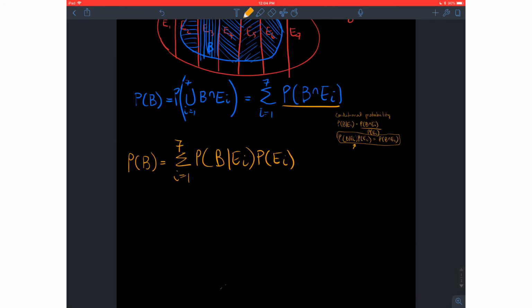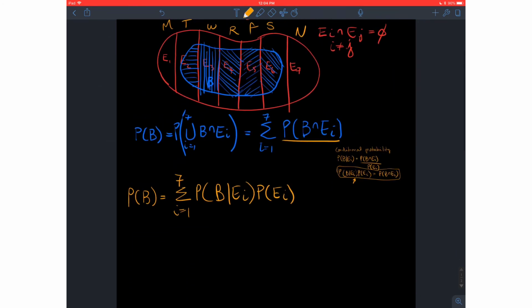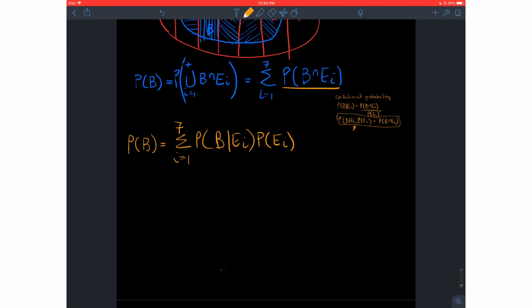It means what we've effectively done is taken this probability of B and said, well, that's the sum of the probabilities of B happening on Monday times the probability that it's a Monday. And so sometimes in your experiment, that might be a useful thing to do. Like, let's say this person has a schedule, and the event of interest can only happen during a certain period of time, and the schedule varies per day.